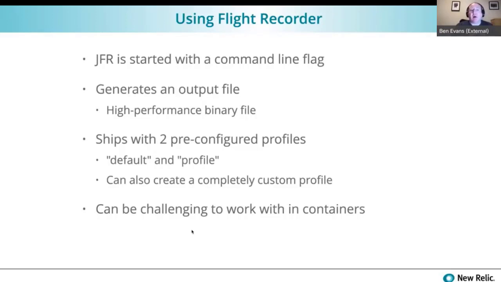This results in a high performance binary output file, either from one of the two standard profiles, which are called default and profile, probably the world's least imaginative names, and it kind of makes them hard to talk about when you have to say to people, oh yes, well, you need to run your JFR in the profile. People look at you strangely when you say that. So why they couldn't have been given, I don't know, more sensible names like standard and profiling would even be better than profile, but never mind.